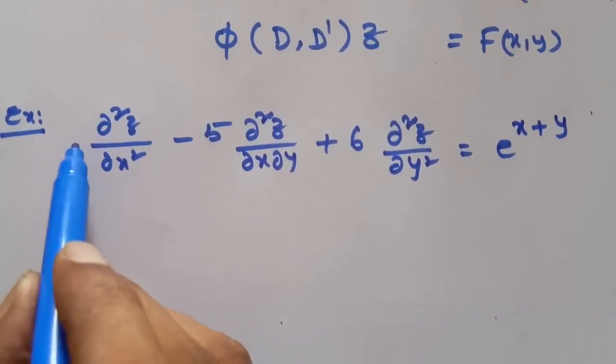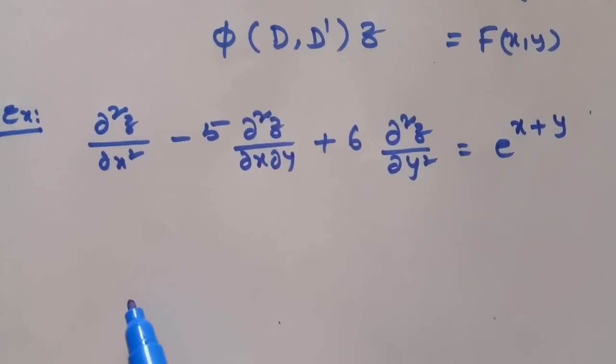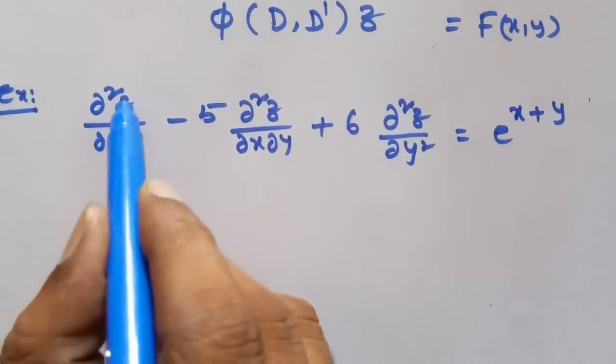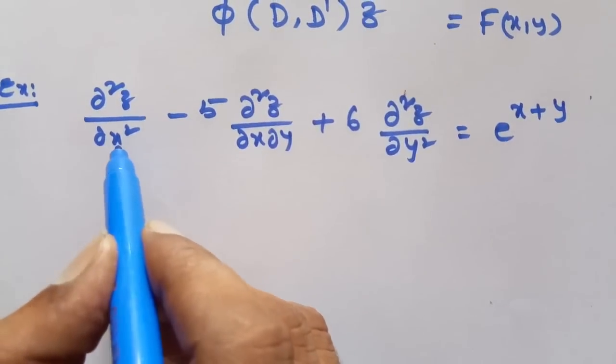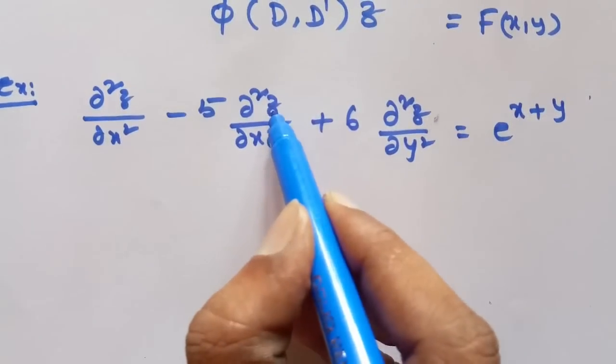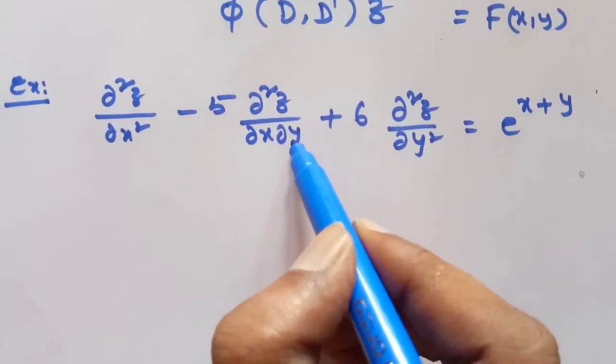Here see that a0 is 1, a1 is minus 5, a2 is 6, and also see that this is a second order derivative with respect to x 2 times, and a second order derivative of z with respect to x 1 time and with respect to y 1 time.